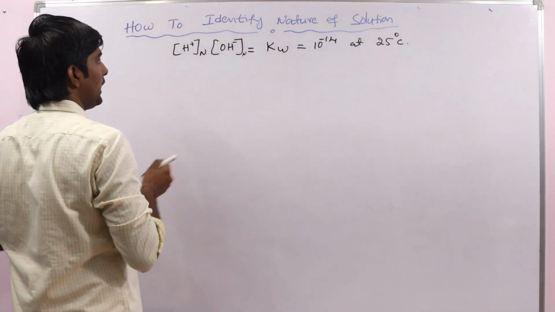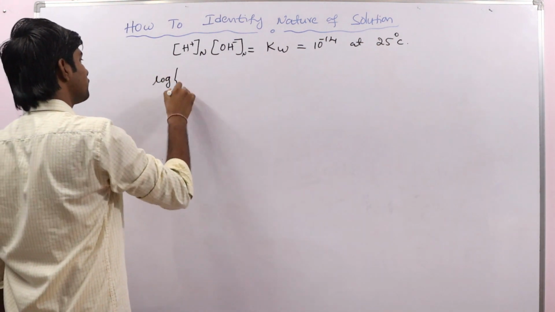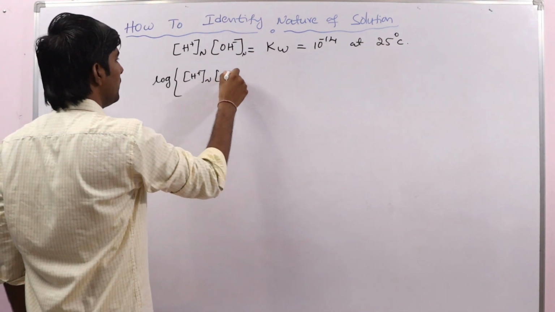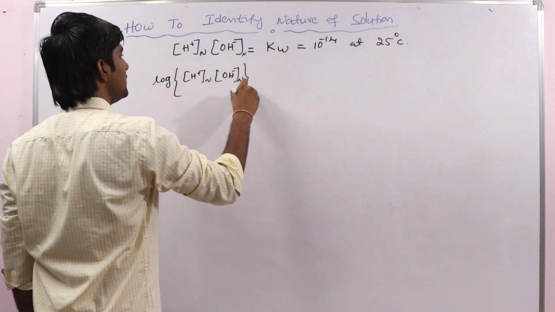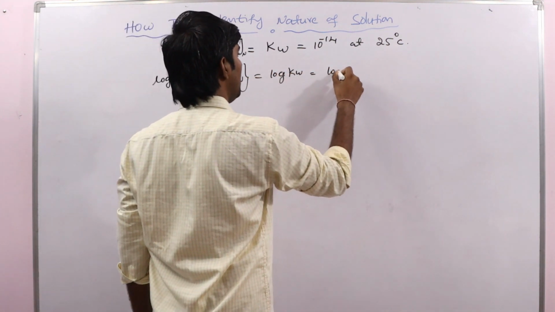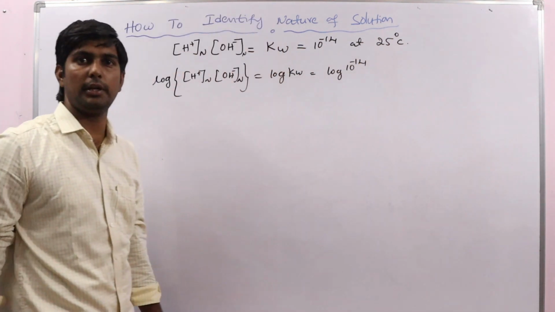Now if you apply logarithm to this equation, we get log of H plus ion concentration into OH minus ion concentration is equal to log Kw, that is equal to log 10 power minus 14. All are at 25 degrees centigrade.